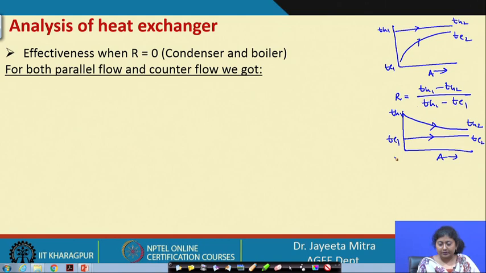So, in those cases we will get R equal to 0. So, what will be the effectiveness when R is 0? That is in case of condenser and boiler, because these two are very important and specific heat exchangers that we very commonly use in different food processing operations.